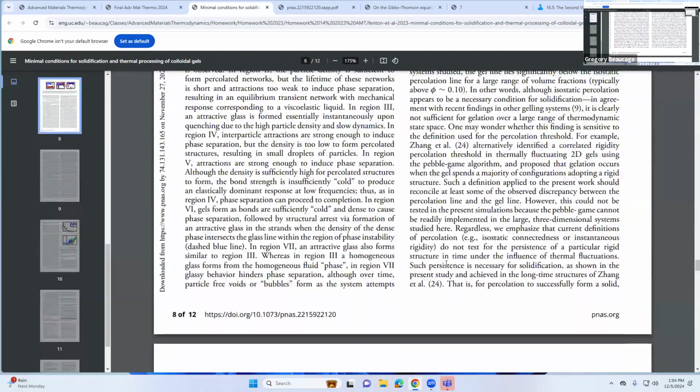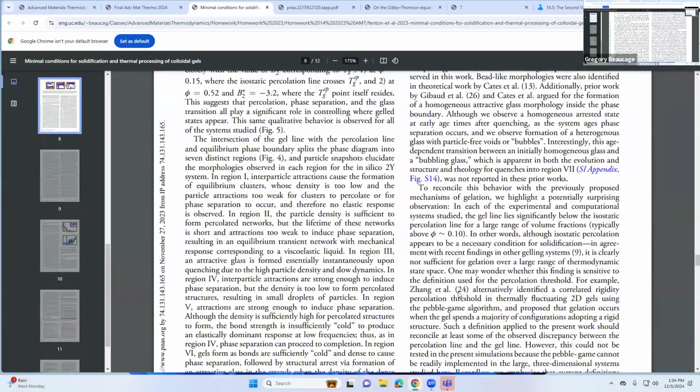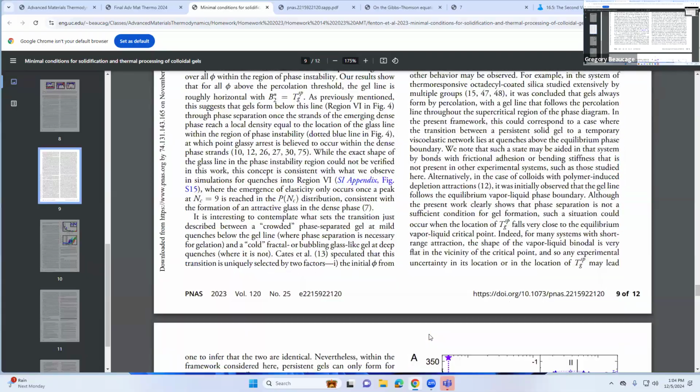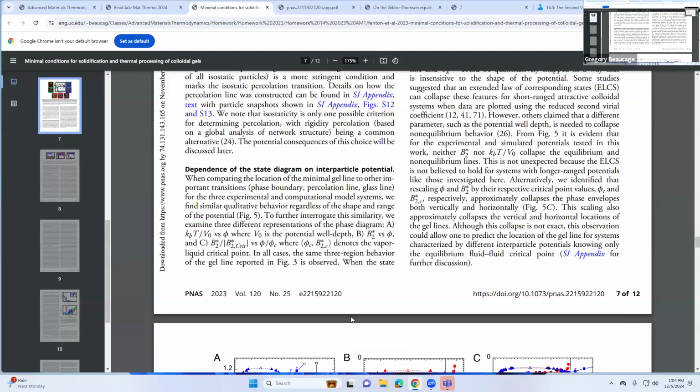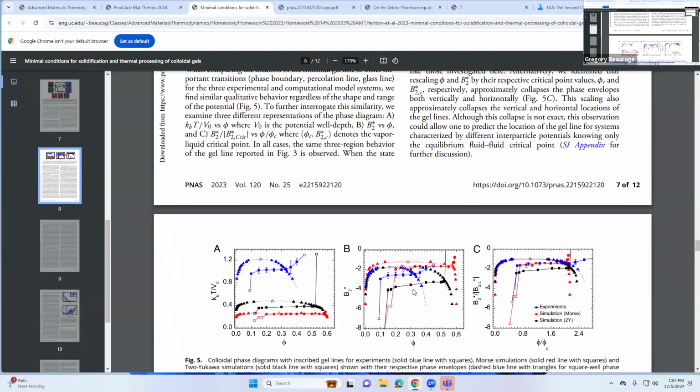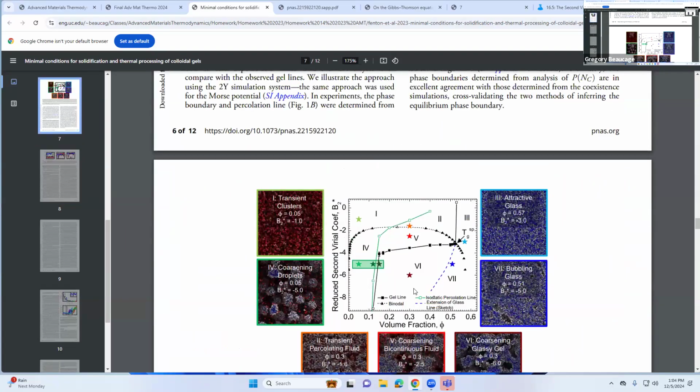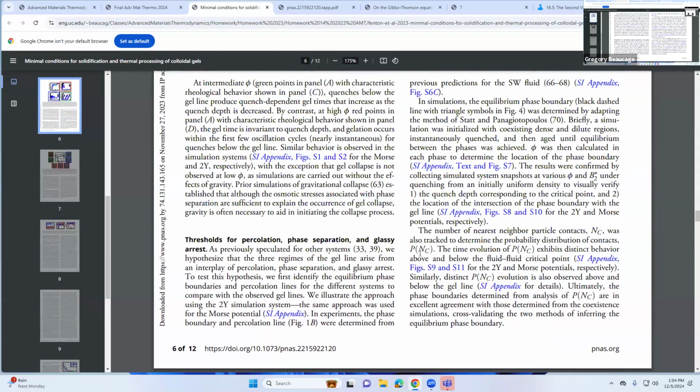Not really getting exactly what I want. The bottom end is comparing it to some experimental systems, like the mayonnaise system, but yeah, I don't see what I'm looking for here. It's not that plot.